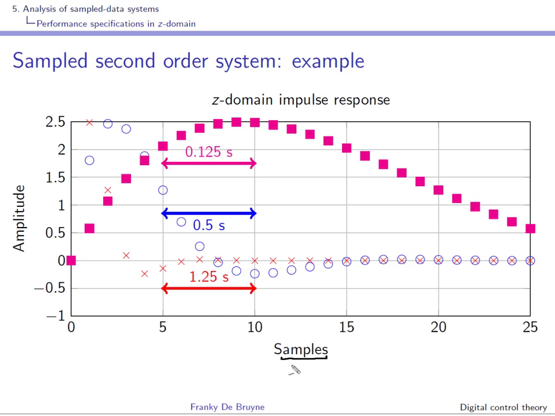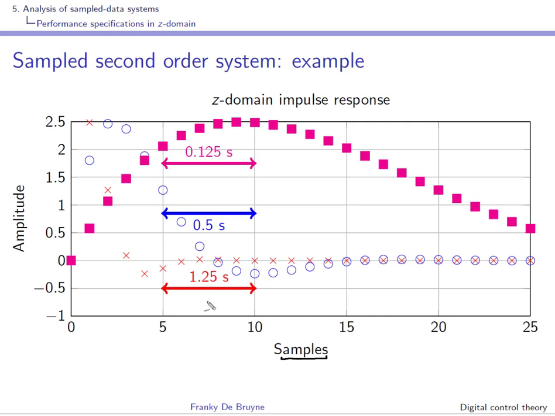So here we have normalized with respect to the sampling period, and of course these impulse responses look very different because the actual time that is associated to 5 samples, for example, is very different according to the sampling period.